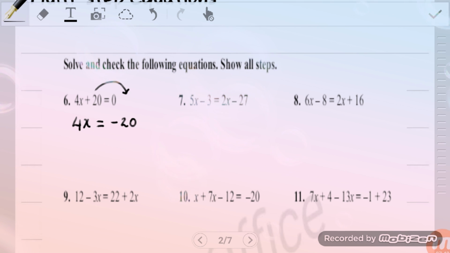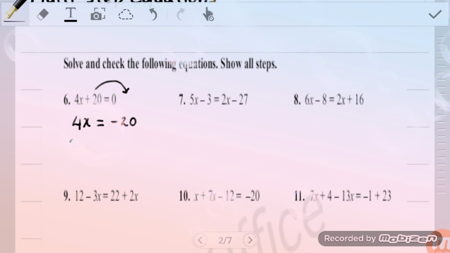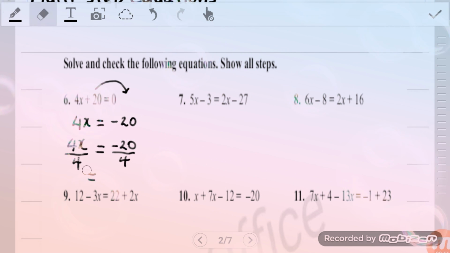And then we are going to divide both sides of the equation by 4. Remember that once you're multiplying or dividing an equation by a specific coefficient, whatever you do to one side of the equation, you must balance the other side by using the same operation. So now we'll end up with 4x divided by 4 equal to -20 divided by 4, and we'll end up with a very simple solution.